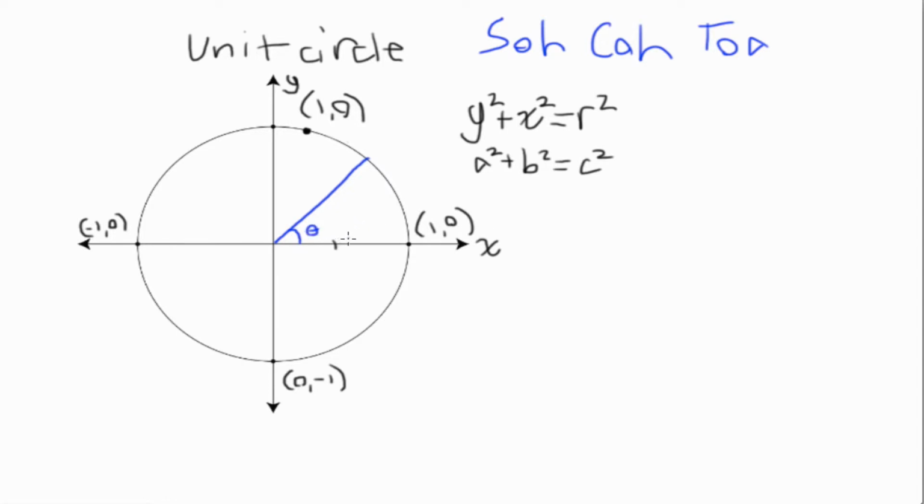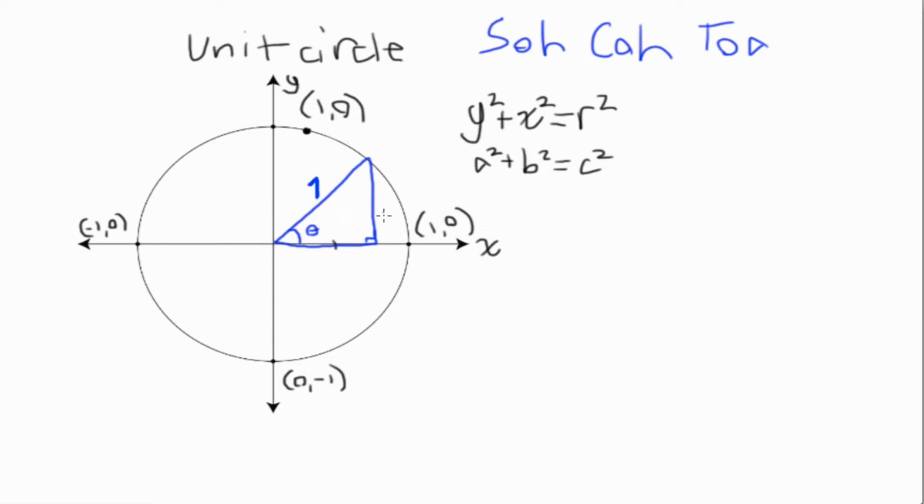We're not going to specify that angle. What's the sine of theta? The sine of theta would be the ratio of this opposite side to the hypotenuse. And what's the hypotenuse? Well, that's the radius of the circle. That's 1. Because it's a unit circle, it has radius 1. That's what unit circle means.